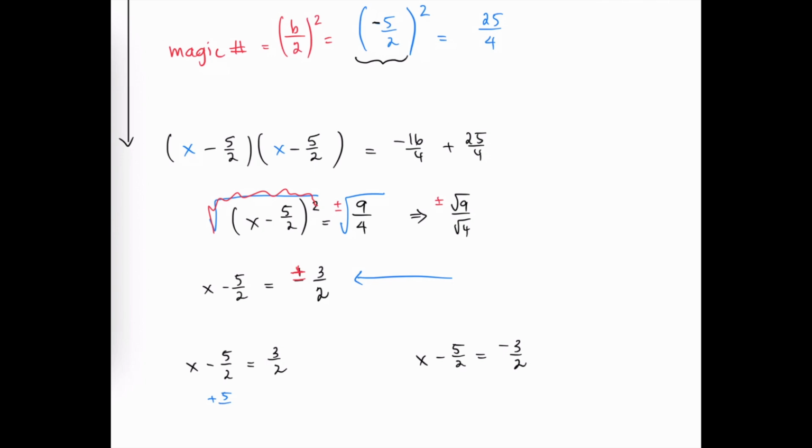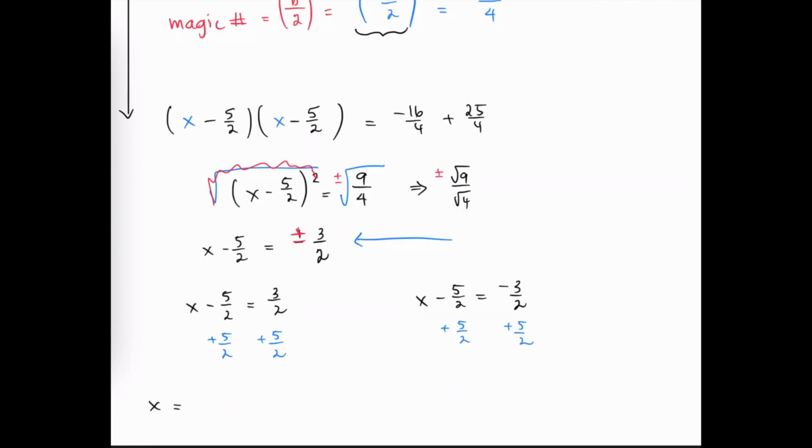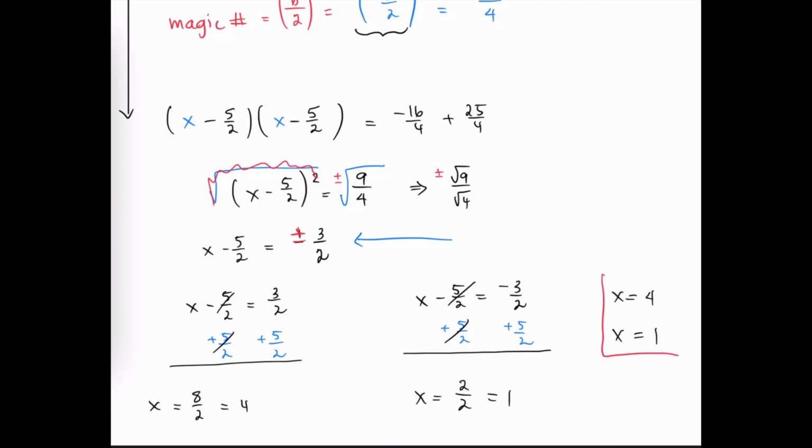Now, we'll add 5/2 to both sides in both of these equations to get x is equal to 3/2 plus 5/2 is 8/2, which is 4. And over here we have x is equal to -3/2 plus 5/2 is 2/2, which is 1. So the two solutions here are going to be x is equal to 4 or x is equal to 1.